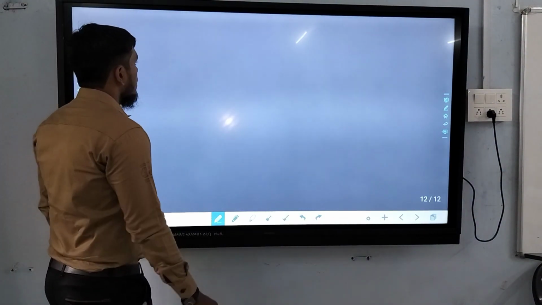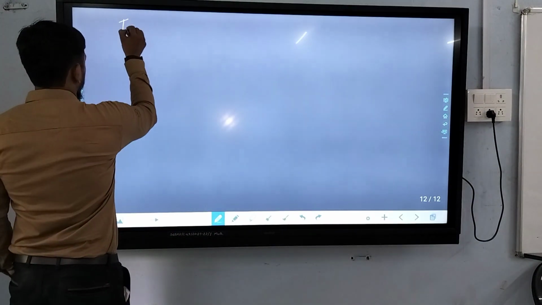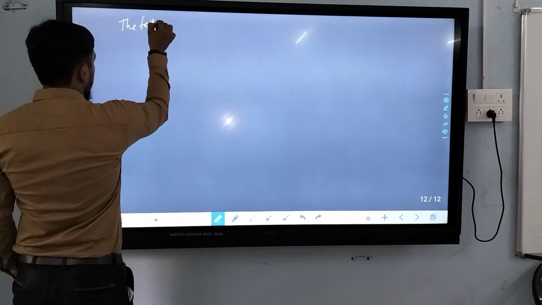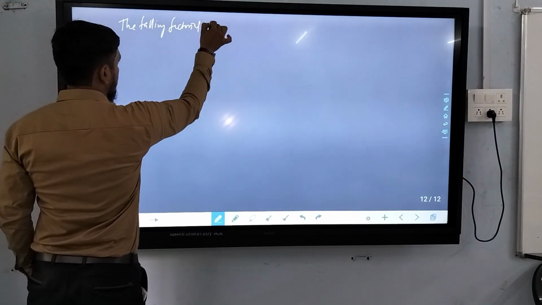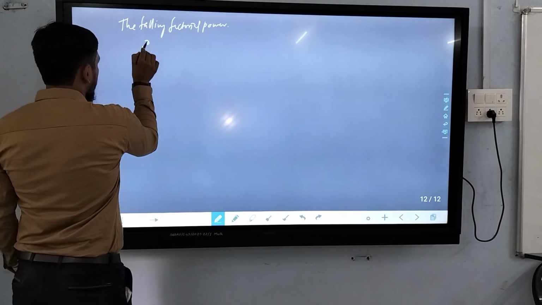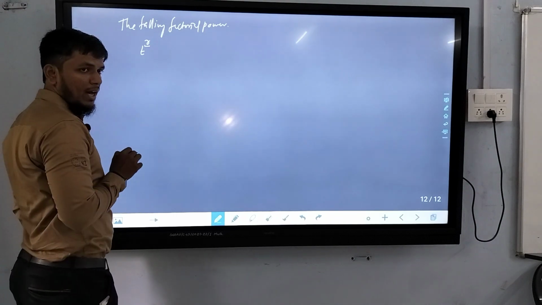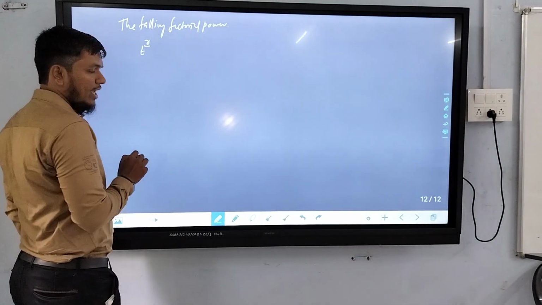Now we will see the following factorial power. If you write this t in power r bar, it reads as t to the r falling.